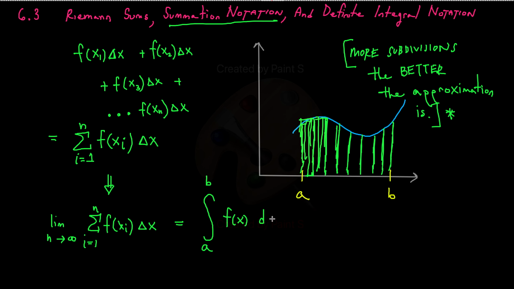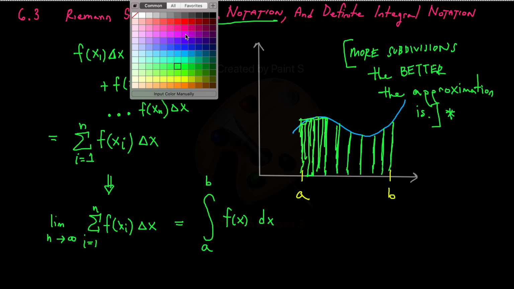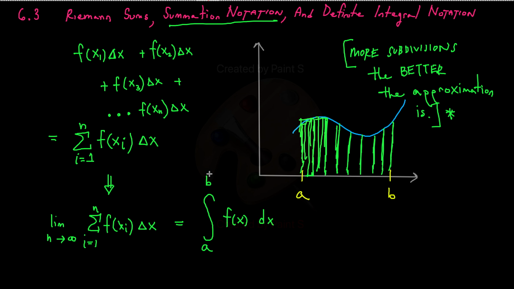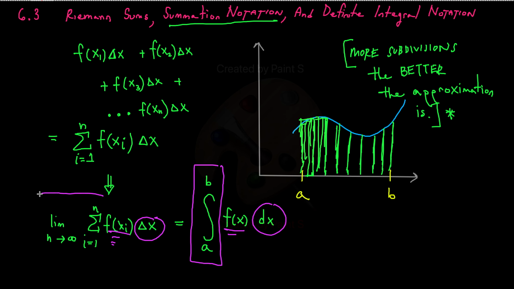dx. So how does this relate? What's happening here? This is the definite integral from a to b of f of x, and essentially f of x matches the f of x sub i. The delta x matches the dx here. And this integral sum matches this infinite sum, this limit as n goes to infinity.